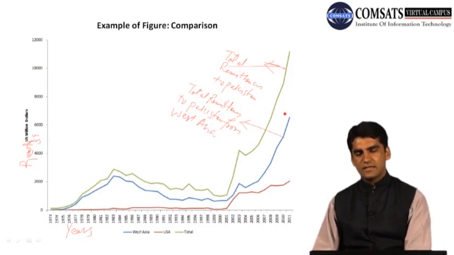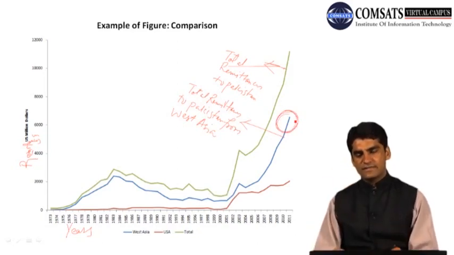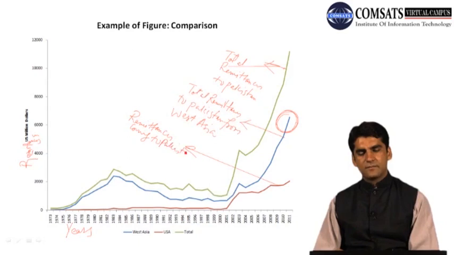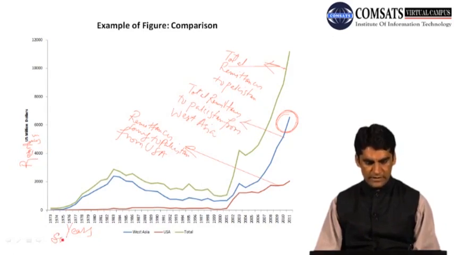So this shows the remittances that are coming to Pakistan from West Asia. This is remittances coming to Pakistan from USA. Now these three things are clear. Here we have to mention the source again.